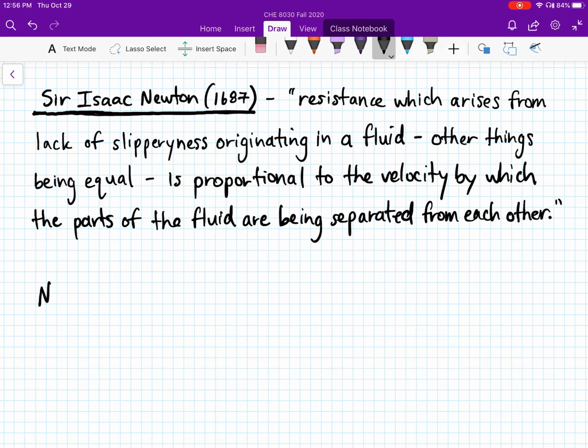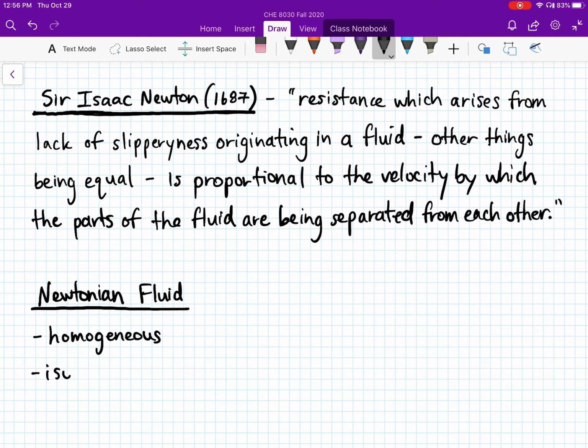So what is a Newtonian fluid? For us, we will define a Newtonian fluid as a fluid that is homogeneous, as well as a fluid that is isotropic.